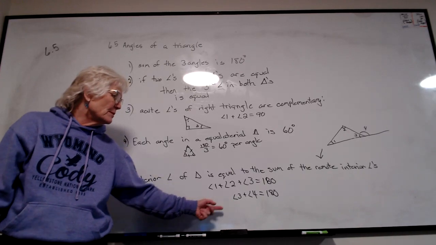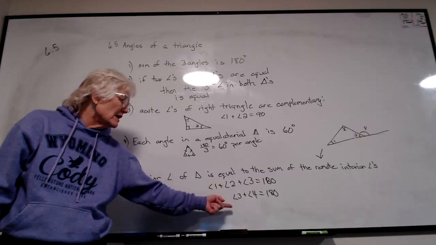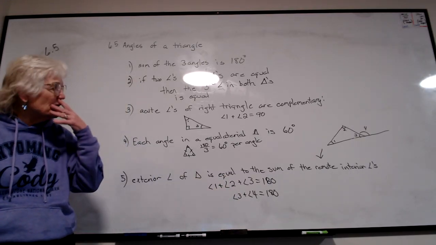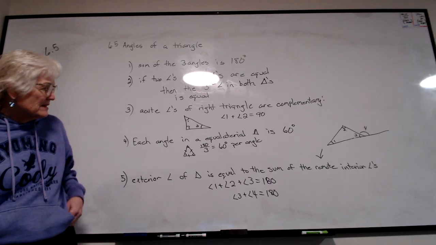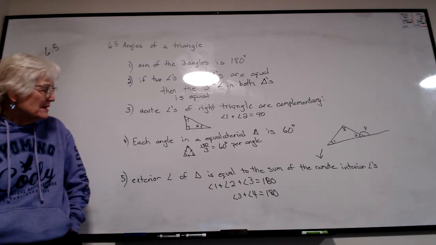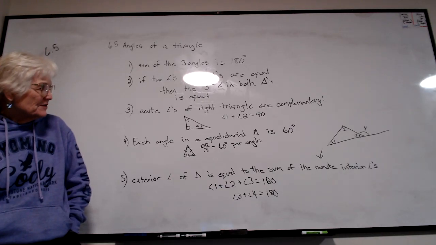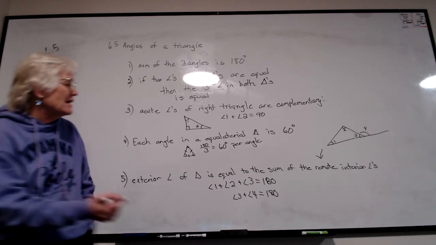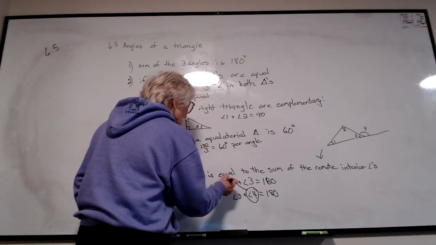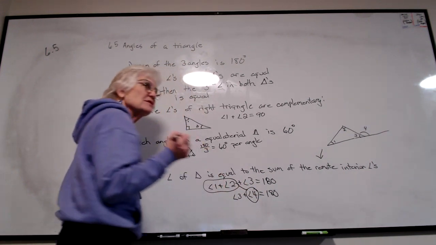Okay. So basically, if I look at angle 3 here, let's take angle 3 away. If that's true, oh, then angle 4 must equal angle 1 and 2. Do you see that?